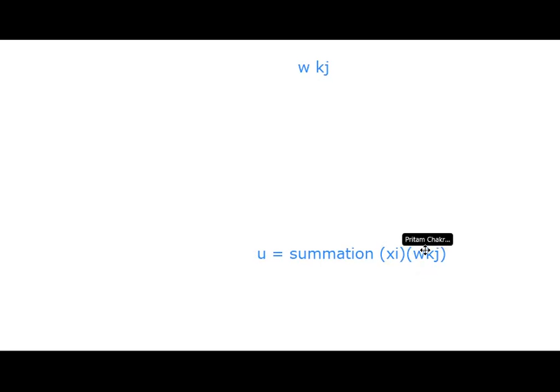Now we can define the output like this. Next, if you define u as a summation, the corresponding output, let us define it as y. So y will be some activation function, let me define it as f, applied to the summation of input, that is u, plus b.